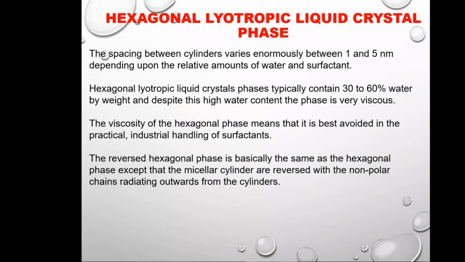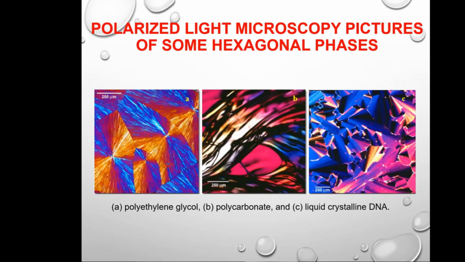The reverse hexagonal phase is basically the same as the hexagonal phase, but the difference is that we have a different arrangement of the molecules, and the textures which can be observed with the polarized light microscope are as here.